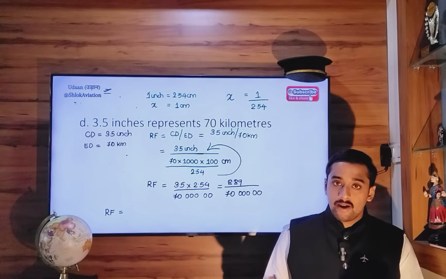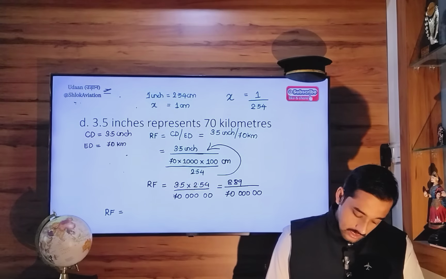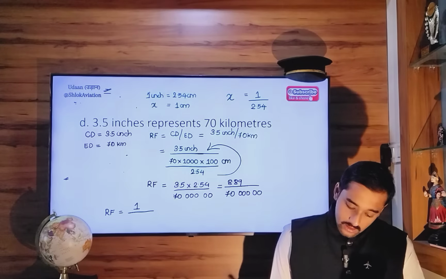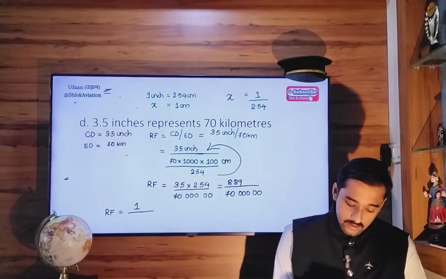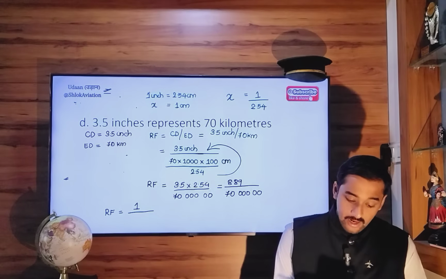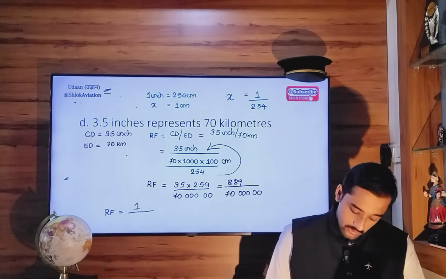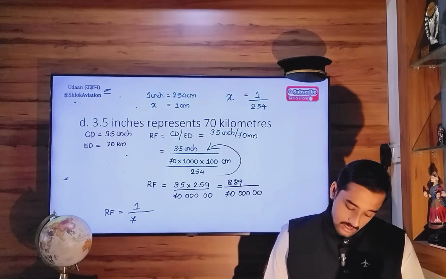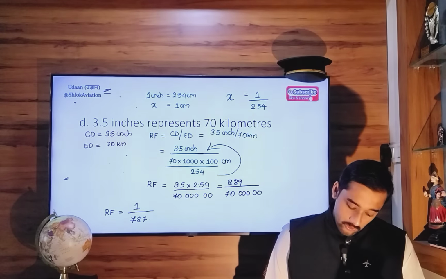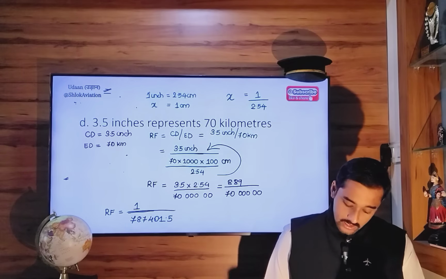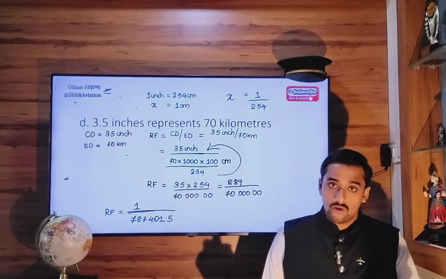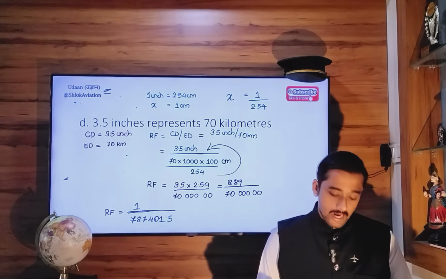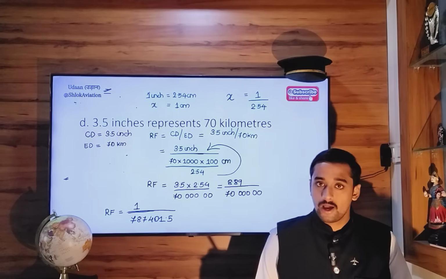So 8.89 divided by 8.89 is 1. And then 70 lakh divided by 8.89 is equal to this value, 787,401.5 something. So this is your final answer, 787,401.5. So select that option which is closest to this value.